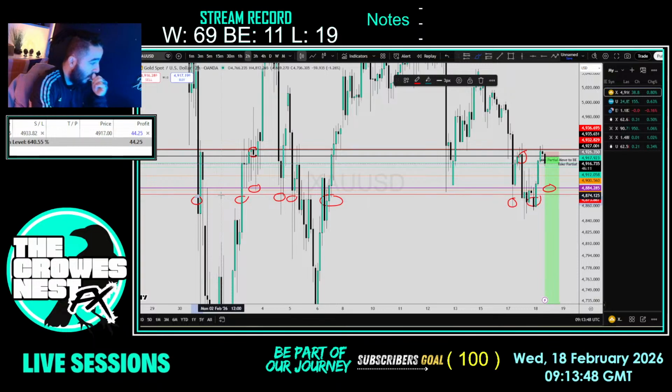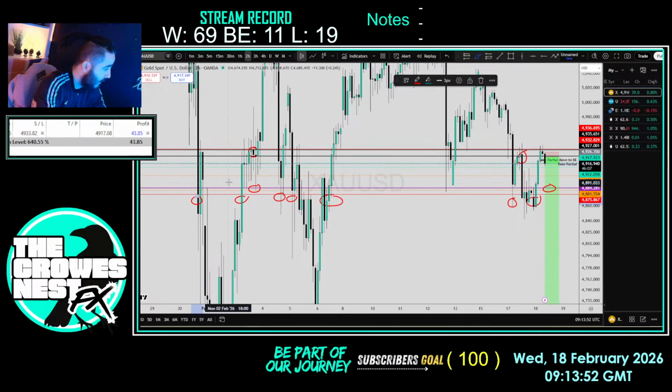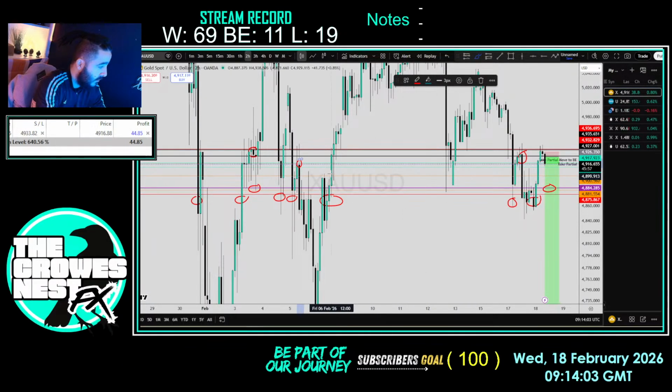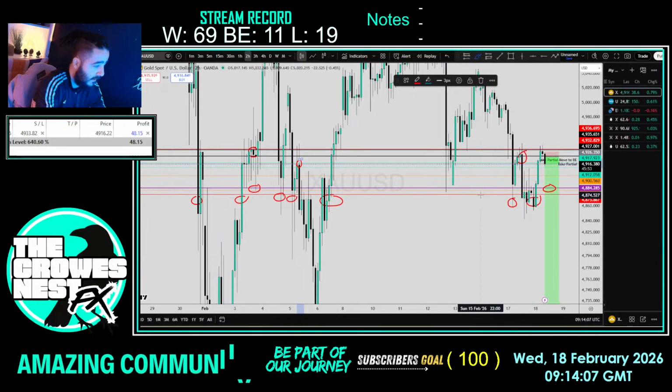And if we look at all the times where we've came up and closed bearish around here on the 2, which is this one came straight through, so we ignore. This one, straight back down. This one came straight through, so we ignore. This one, straight back down.